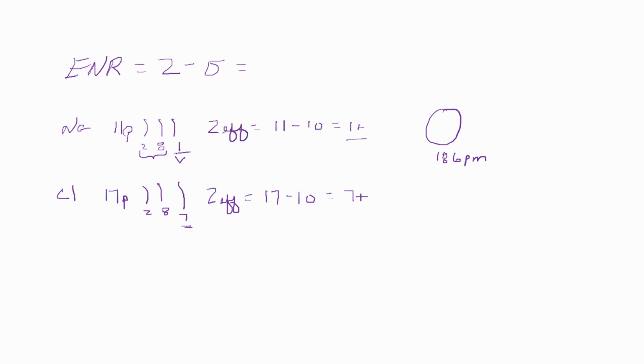So that's the radius, 186 picometers. That's half the distance, from here to the center. All right, and then we look at chlorine. Chlorine's in the same period, and it has more protons, and it has more electrons, but its atomic radius is only 99 picometers.